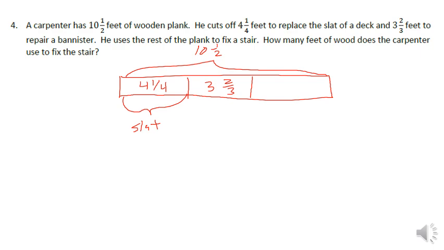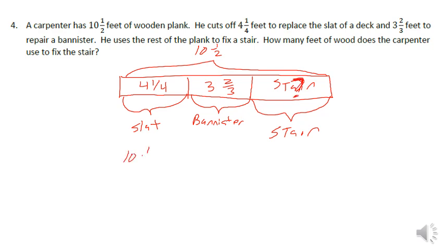And 3 2/3 was used to replace the banister. And the remaining was used to fix a stair. And we're looking for how much this amount was to fix the stair.